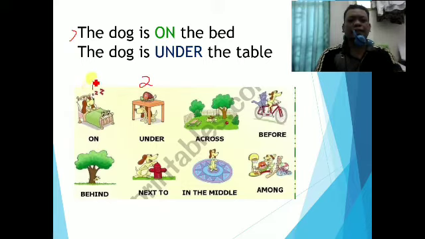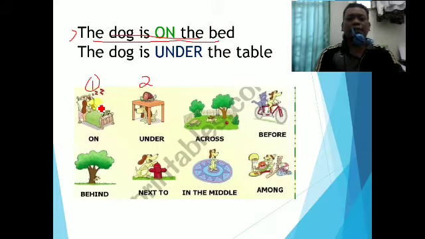Jadi, look at the first picture. We have a sleeping dog here. Ada anjing tidur, and then we have a bed atau ranjang. So the sentence is the dog is on the bed.